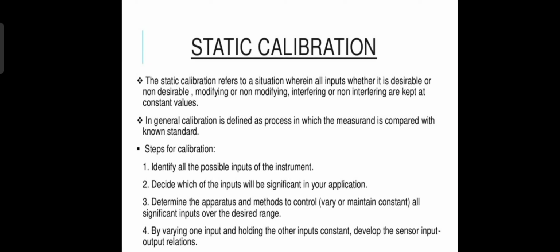Calibration procedure involves the comparison of a particular instrument with either a primary standard, or a secondary standard with higher accuracy than the instrument to be calibrated, or an instrument of known accuracy. The general rule for selecting a standard instrument against which a test instrument is to be calibrated is that the standard instrument should be at least 10 times more accurate than the test instrument.